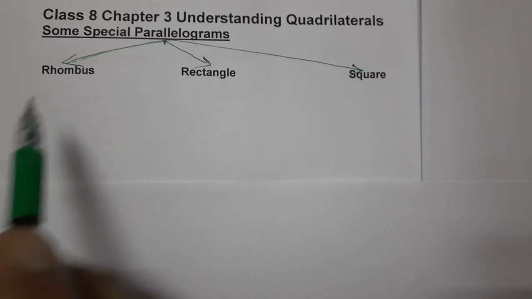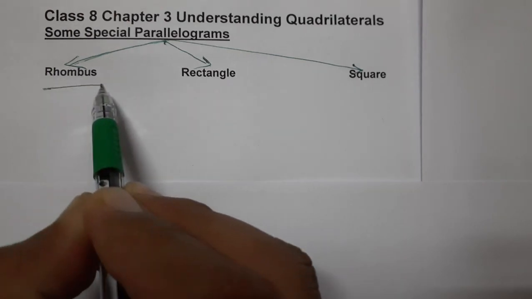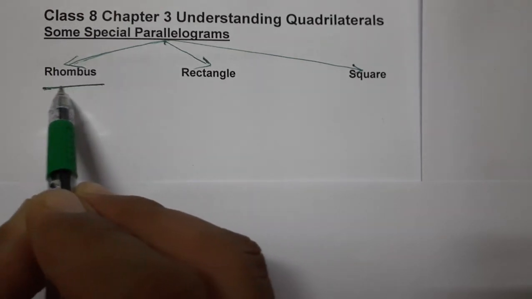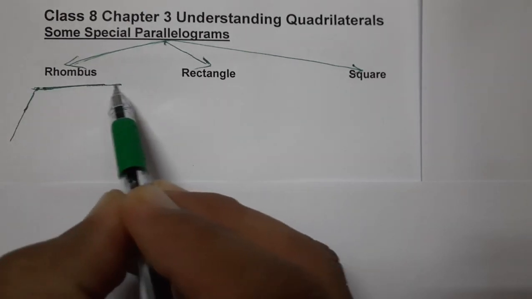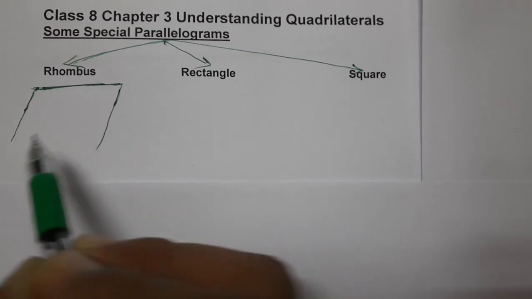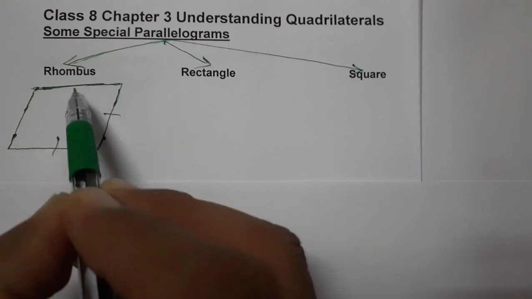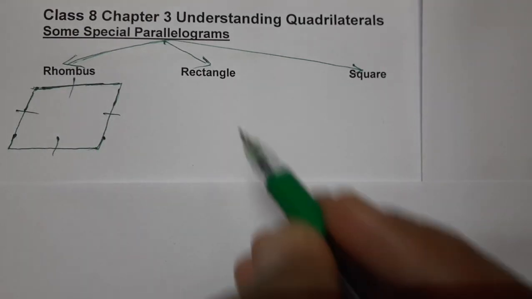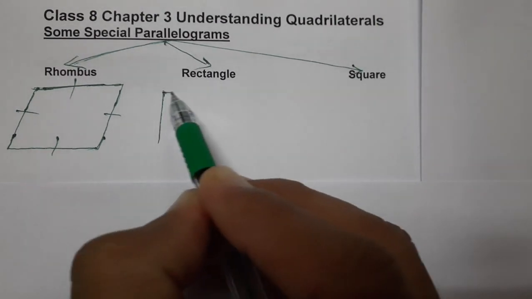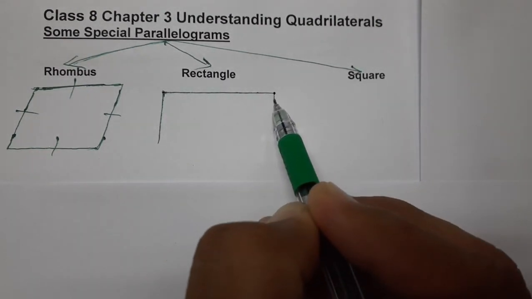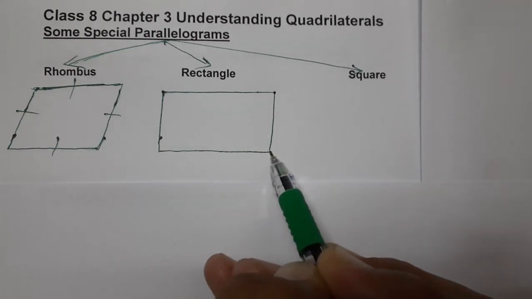First one is rhombus. You have seen rhombus so many times, children. A rhombus is a parallelogram having all of its sides equal. It is a parallelogram, but all of its sides are equal. Then a parallelogram is a rectangle if all of its angles equal 90 degree.